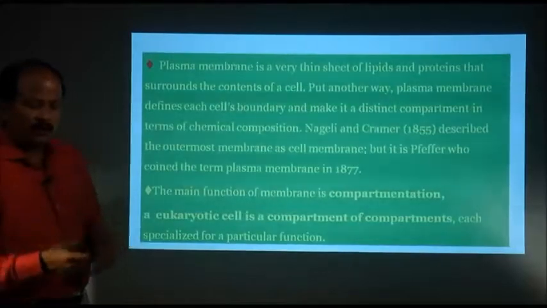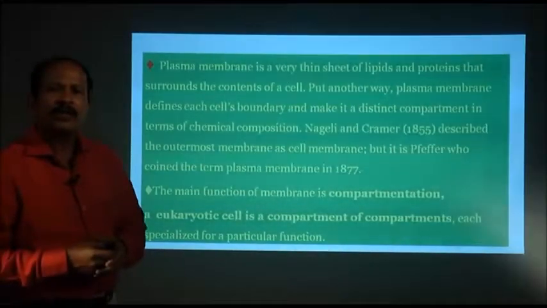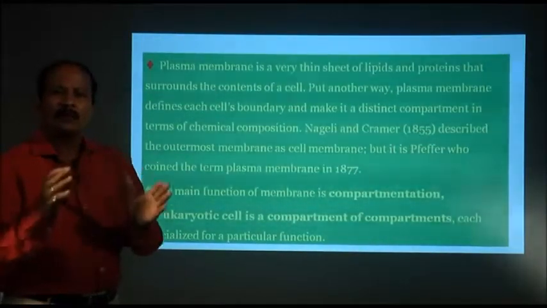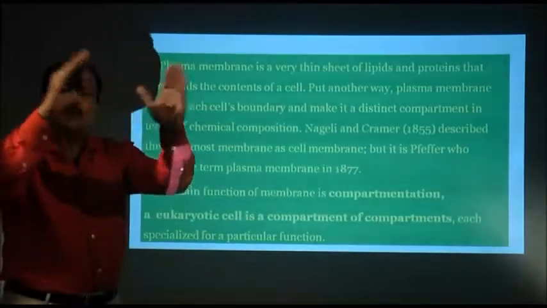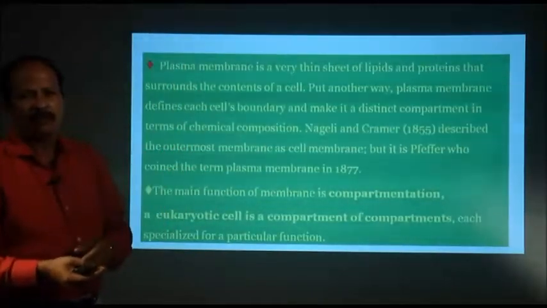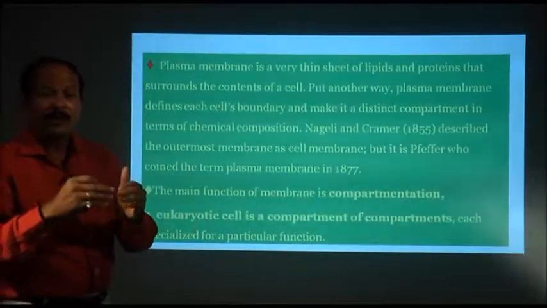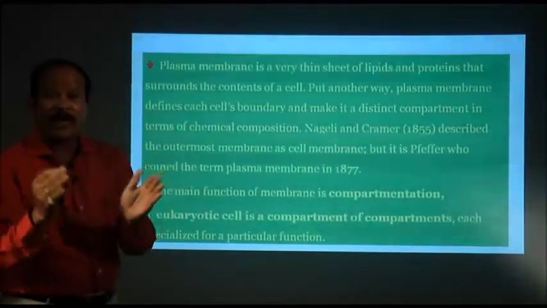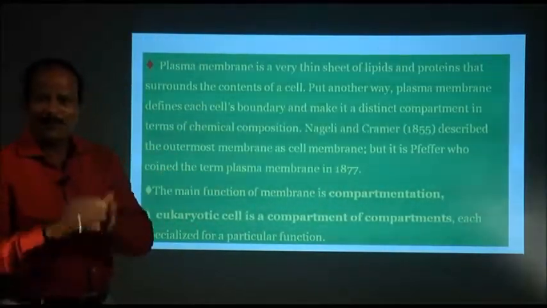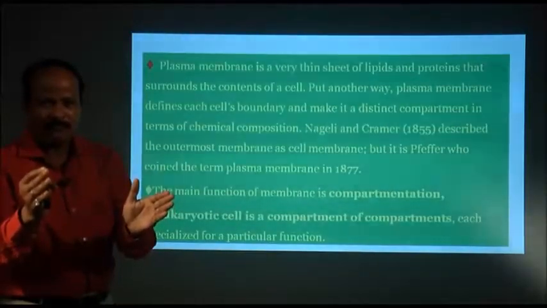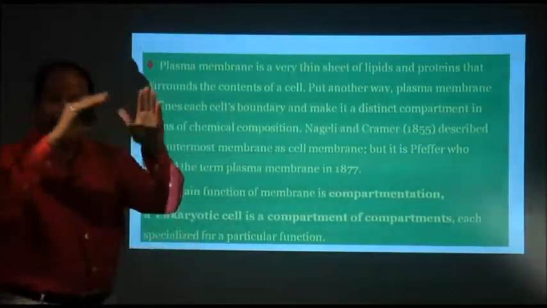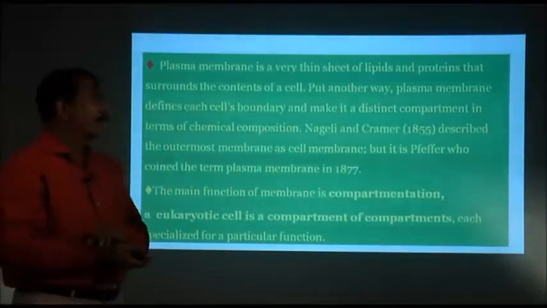If we think what gives integrity to a cell, it is the plasma membrane which gives the confinement to a cell. Without plasma membrane, the cell cannot be confined, it cannot be a compartment. So, a cell is a compartment, its outermost boundary is your plasma membrane.